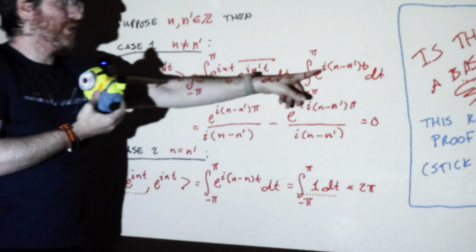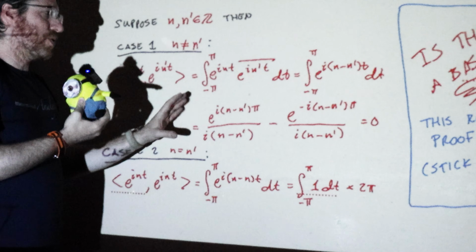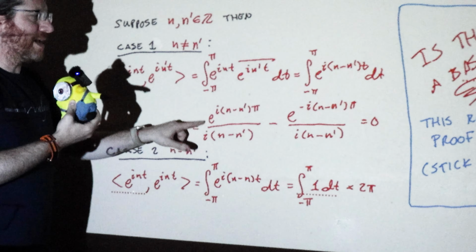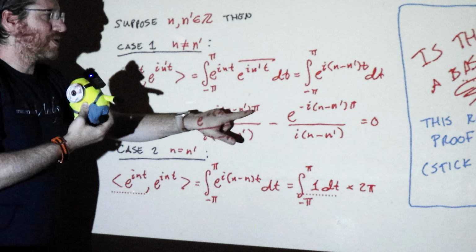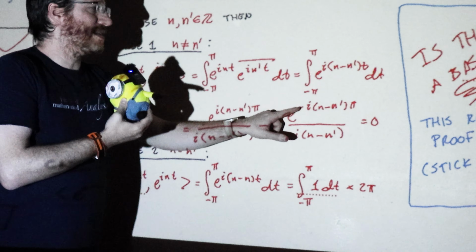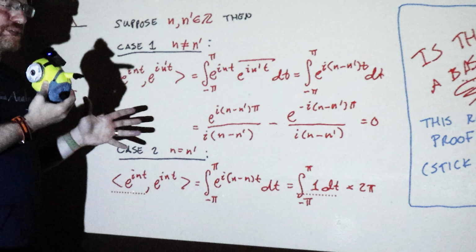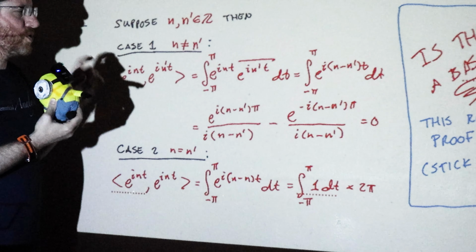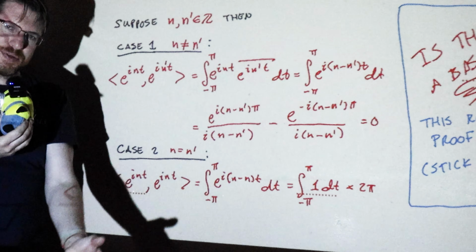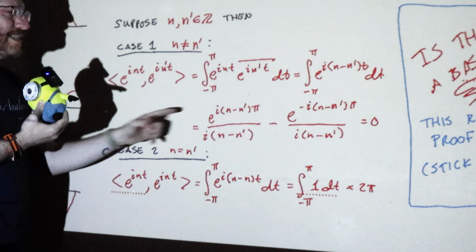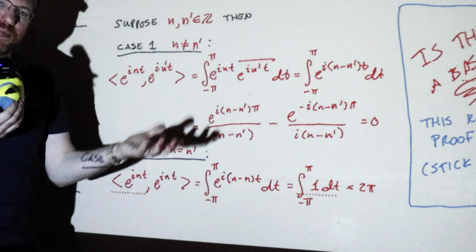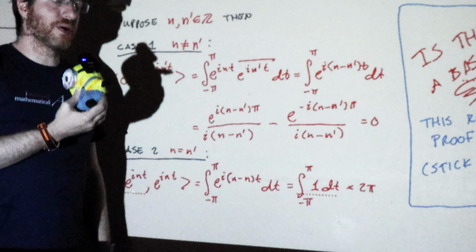That is something we can integrate, so we get this. When we compute this, we end up with e to the i some integer times pi minus e to the minus i times that integer times pi. So it is a difference of 2 times that integer times pi. And since e to the i t is 2 pi periodic, this number and this number are the same.